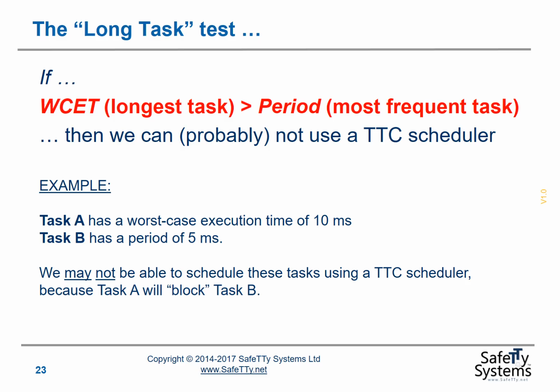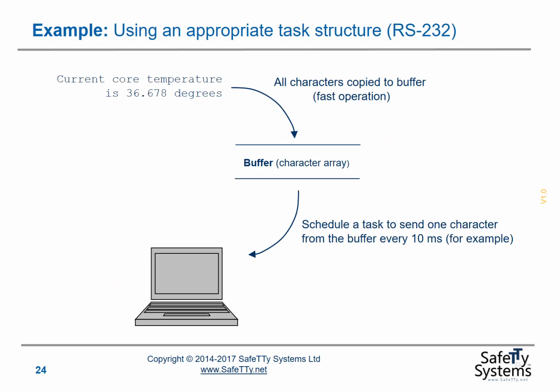So for example, if task A has a worst case execution time of 10 milliseconds and task B has a period of 5 milliseconds, we may not be able to schedule these tasks using a TTC scheduler because task A will block task B. So all of the designs we've looked at so far on this course have involved a TTC scheduler. So sometimes we can find a solution to this problem.